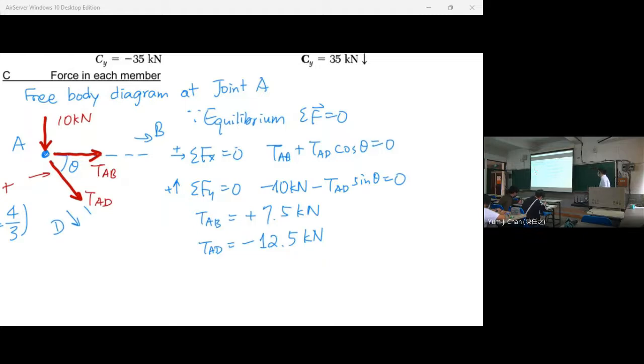Now, you can write it down first. Take your time. So one of them is positive and one of them is negative. What does it mean by positive and negative?